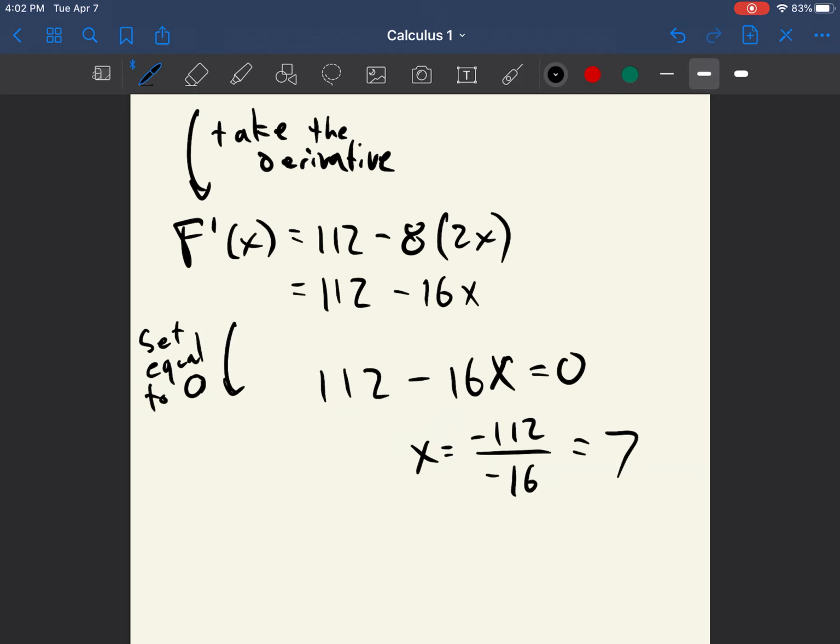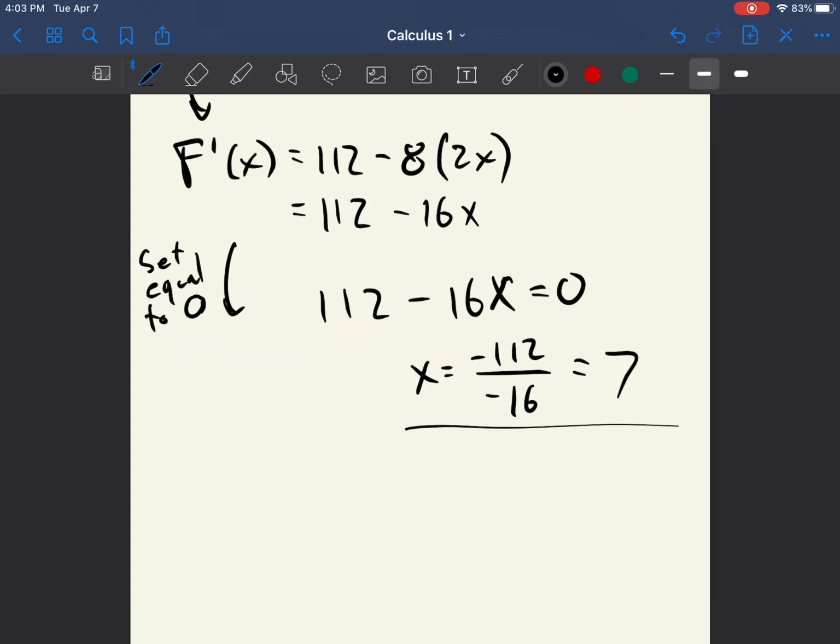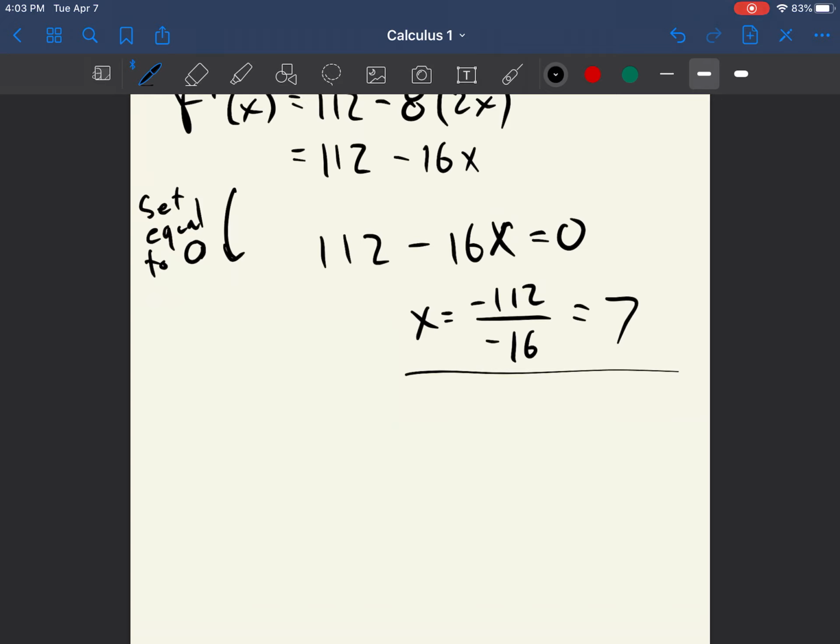Okay, so x equals 7. Okay, so if we think about what we just found, this number is giving me the number of carts that I need to add in order to maximize the number of food items that we sell, right? So that's what the setup was, okay? So this x, this 7, is giving me the solution that I want, right?